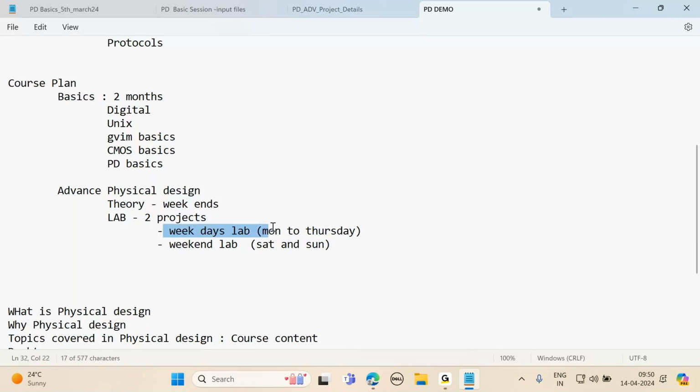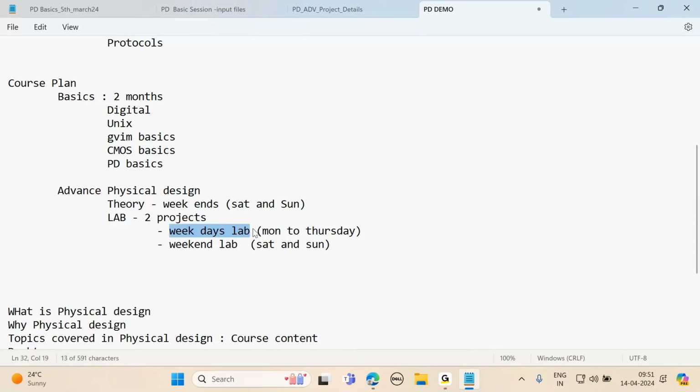You can opt whatever you want. Fees is same for both. But theory is on weekends for everyone. For weekday students and weekend students, both, the theory is on weekends. So you attend theory on Saturday and Sunday morning, and weekday students are free.